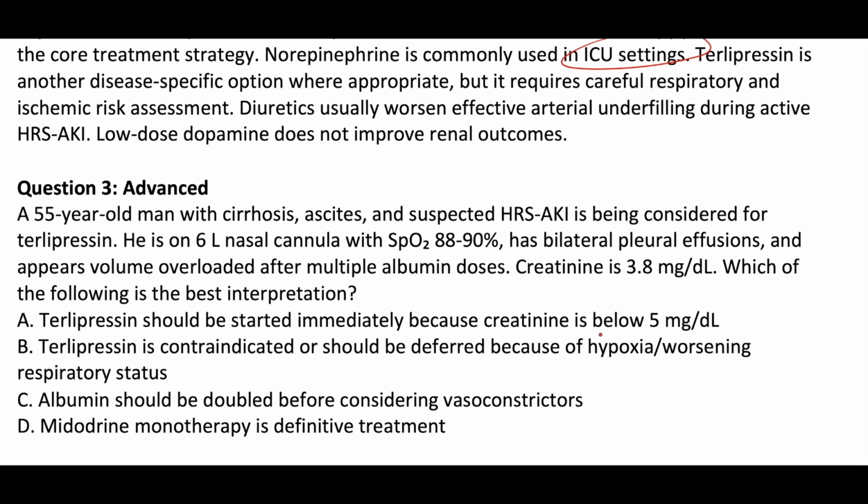Which of the following is the best interpretation of this? A, terlipressin should be started immediately because creatinine is below 5. B, terlipressin is contraindicated or should be deferred because of hypoxia and worsening respiratory status. C, albumin should be doubled before considering vasoconstrictors. Or D, midodrine monotherapy is definitive treatment. Pause if you need to.